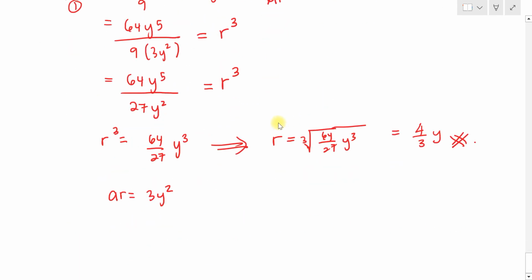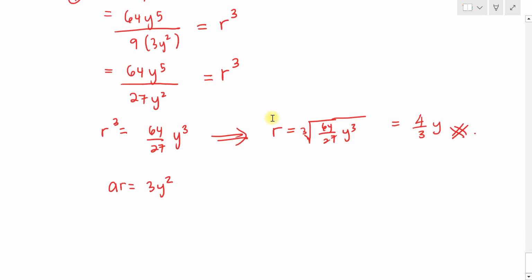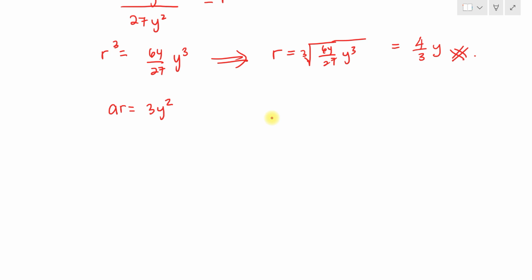So AR equals 3y squared. The R I can replace with 4y over 3, so 4y over 3 times A equals 3y squared. So A equals 3y squared times 3 over 4y.